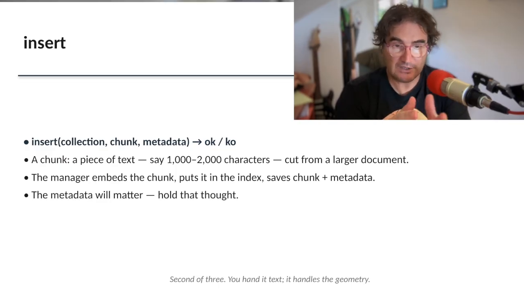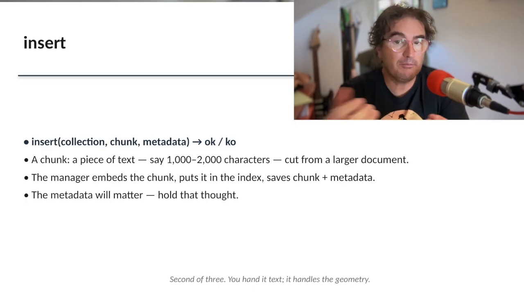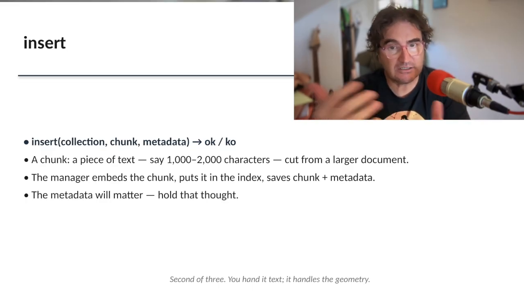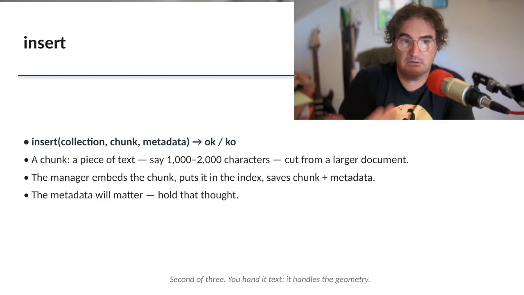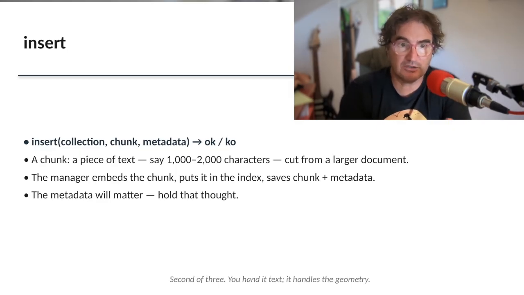But the idea is that you provide a text, like a string, 2000 characters for example, and some metadata. We will talk later about what metadata we are going to use, and then the collection is going to insert the chunk and its metadata, and it's going to return an OK message or KO if it didn't work.